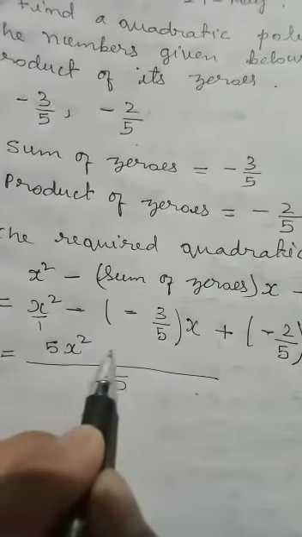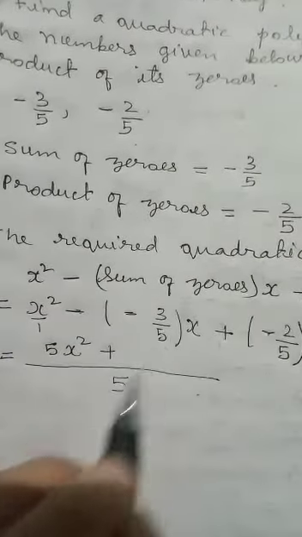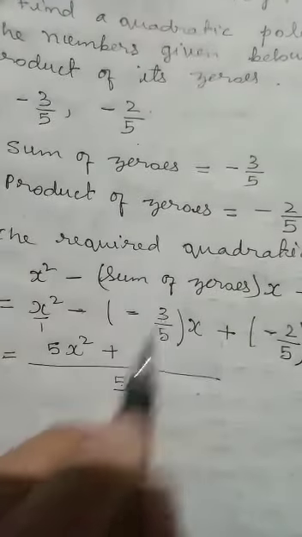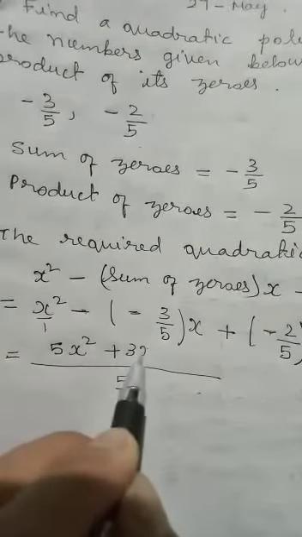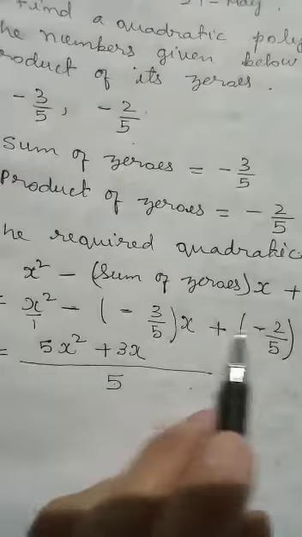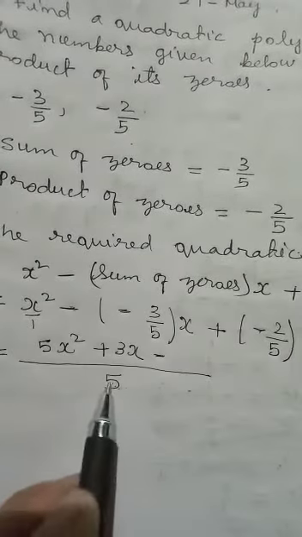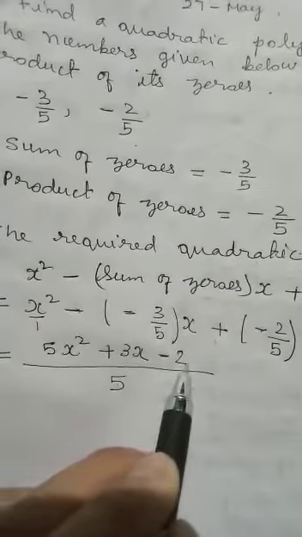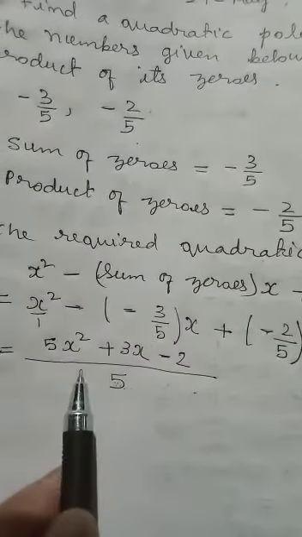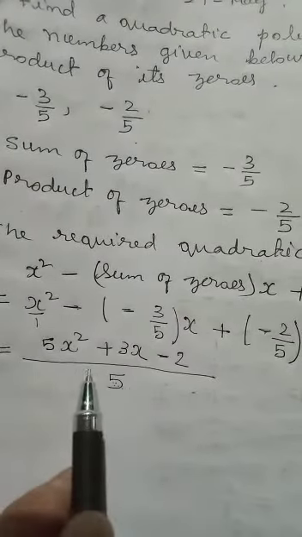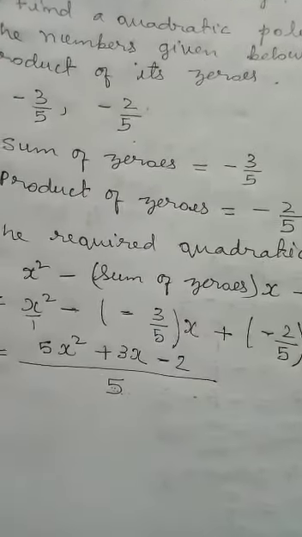Minus to minus, plus. 5 divide 5, 1. 1 into 3, 3x. Plus to minus, minus. 5 divide 5, 1. 1 into 2, 2. After that, we cannot plus, we cannot minus them. So this is the required quadratic polynomial which you want.